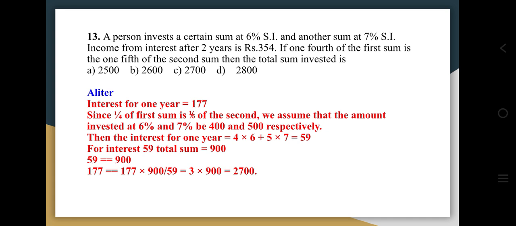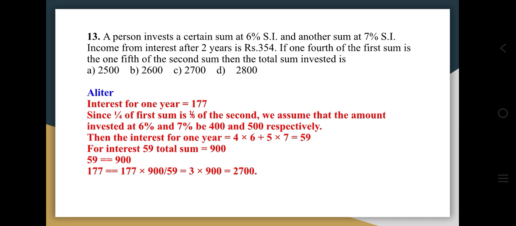What do we want? What 177 corresponds to. To calculate that, we divide 900 by 59 and multiply by 177. That is 177 into 900 by 59.